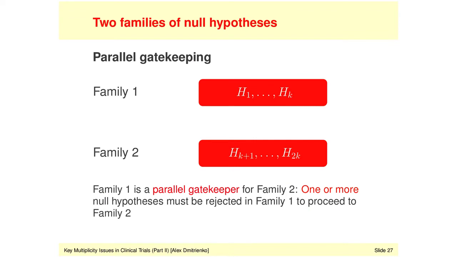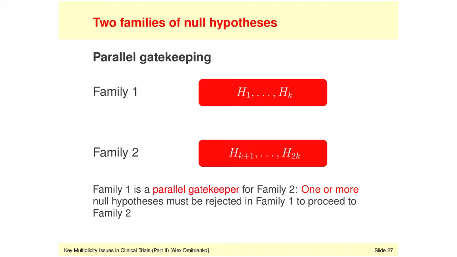Parallel gatekeepers. I explained in the preceding section that if we impose a straightforward serial gatekeeping condition to the multifamily problem of interest, it is quite straightforward to build serial gatekeeping procedures.